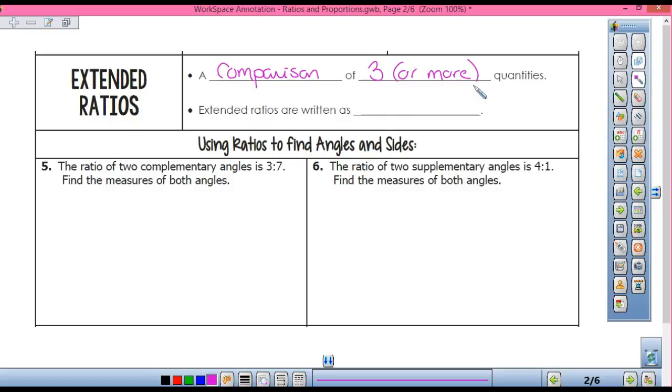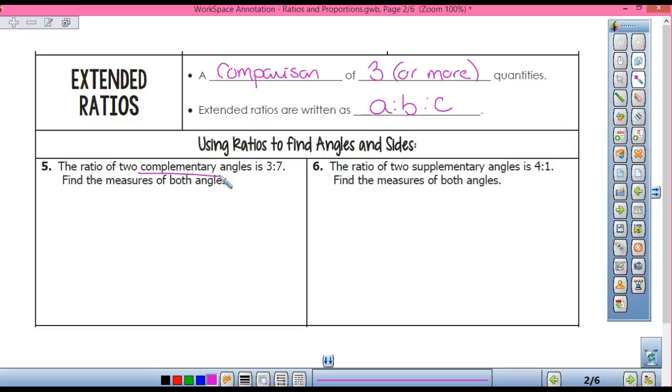Extended ratios are going to be written as A to B to C. We can use extended ratios a lot with things like angle measures, sides, stuff like that. So it says I've got two complementary angles and their ratio is 3:7.